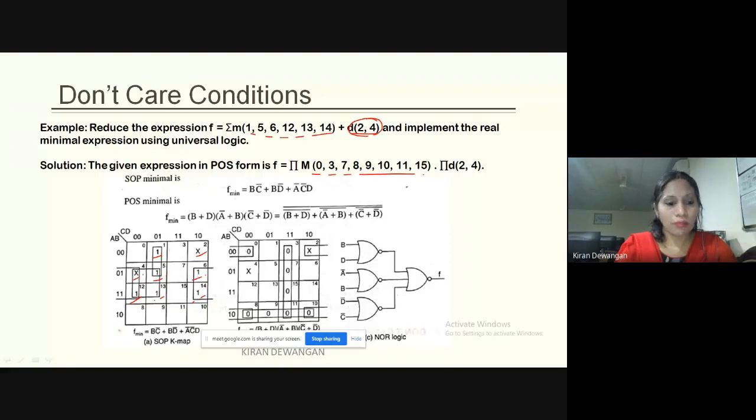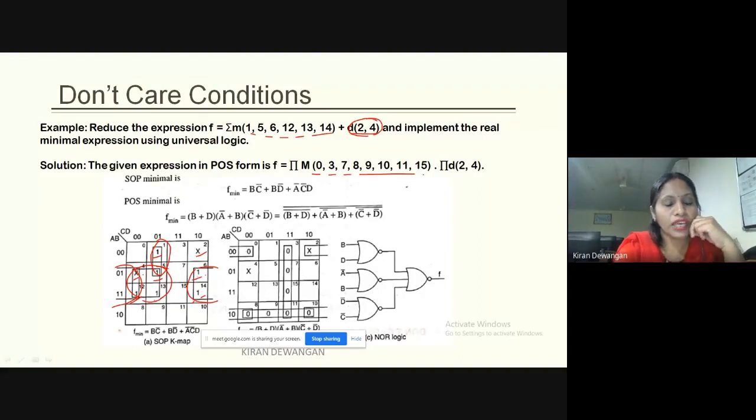If one is coming in the formation of any of the quads or pairs, we'll take it. Otherwise, we can just ignore those terms. Clear? So we can clearly see this is a quad. This one is our first quad. And this one is the second quad. Correct? And this is a pair.